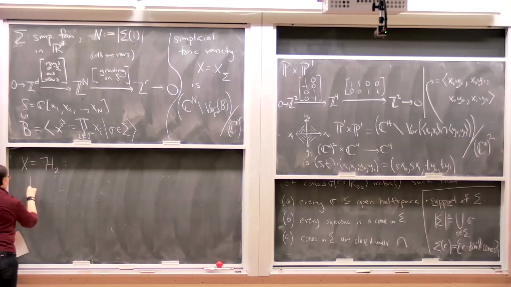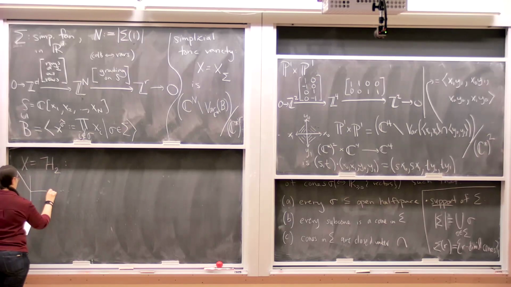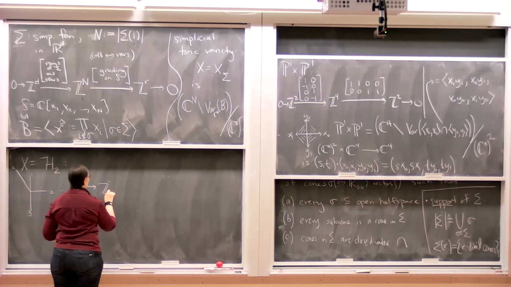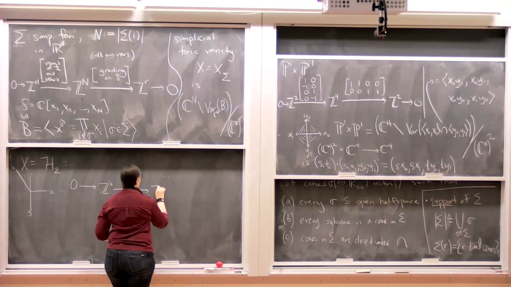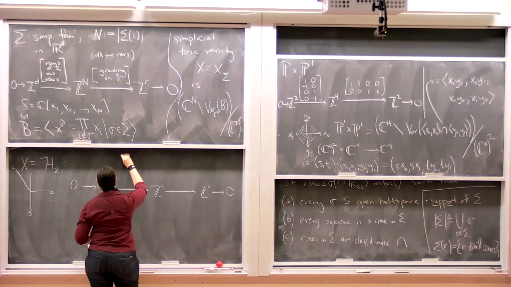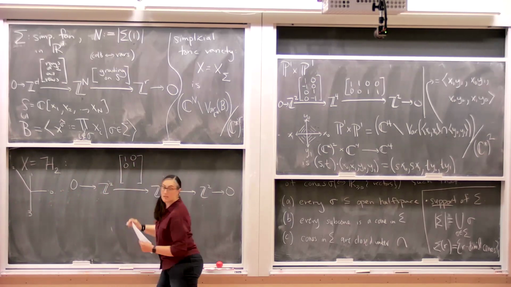Okay, and here the fan looks like this, where now I'm going to go around like this so that my short exact sequence looks like this. Okay, and so my rays are, oh, sorry.